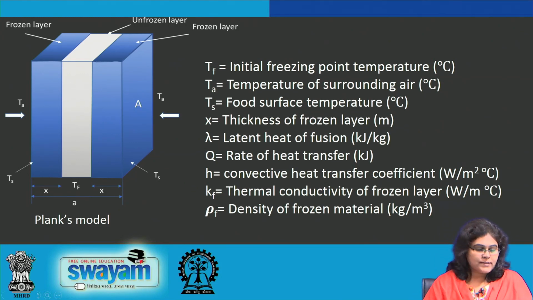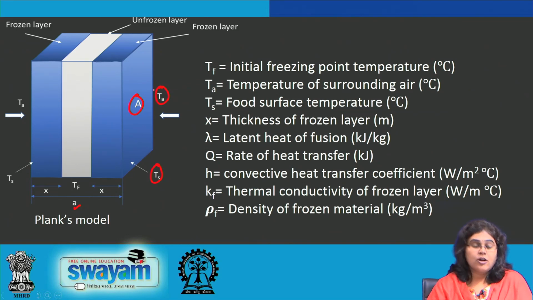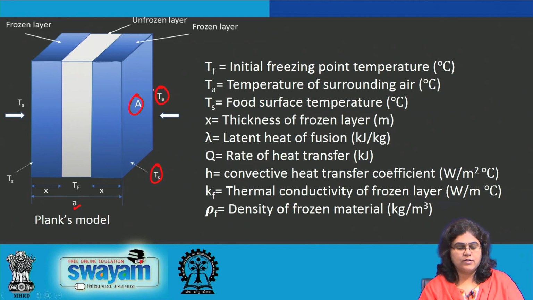Now, according to Planck's equation, this is Planck's model where a food block having cross sectional area A meter square is being shown over here, and the food block has a thickness of a. Now, the surface temperature of the food on both sides of the block is represented as Ts, and Ta is the cold air temperature.